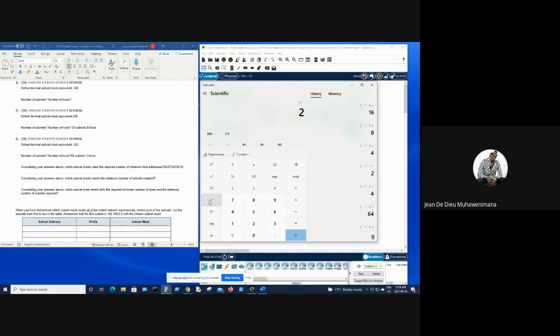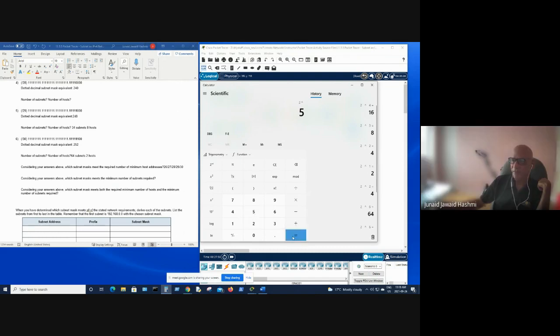The requirement is 50? Okay. If we borrow 5, we get 32. Not good enough. So, voila, if we borrow 6, it gives us 64 hosts.